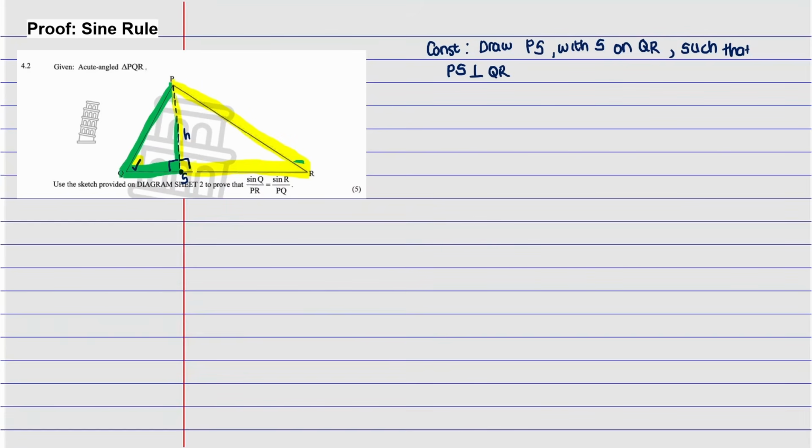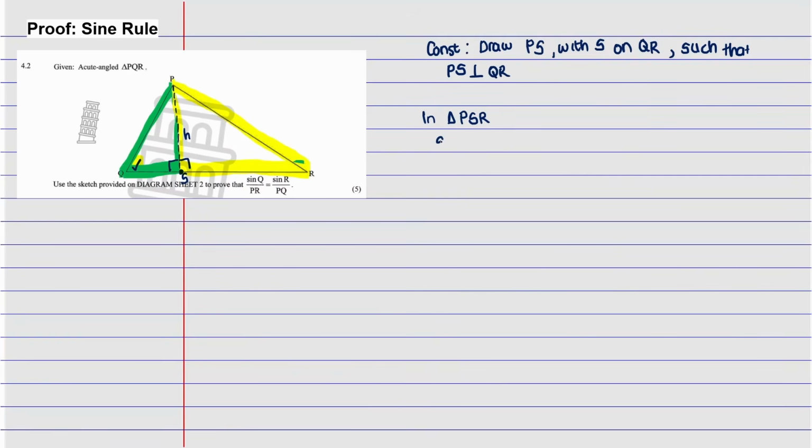So we're going to take the trig ratio of sine in the yellow one and the green one, making Q and R the angles. I hope that makes sense. So let's do that. So in the yellow one, I'm going to say in triangle PSR, right?